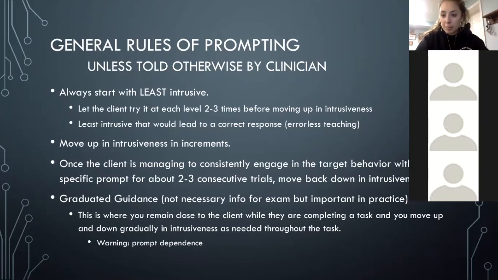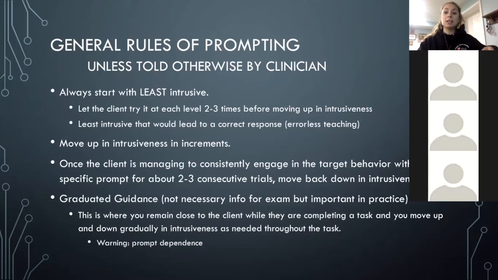Once you've moved up in intrusiveness, let's say all the way to a full physical prompt and you're physically guiding him to the right answer every single time, give him 2 to 3 times of correct responding with your prompt, and then try backing down again. So we're at our full physical prompt, hand over hand, 2 to 3 times. He's getting it, obviously.